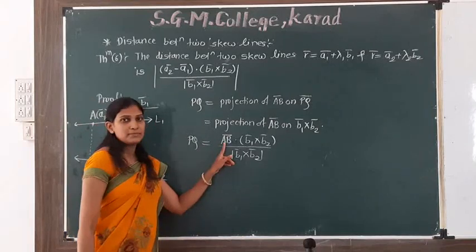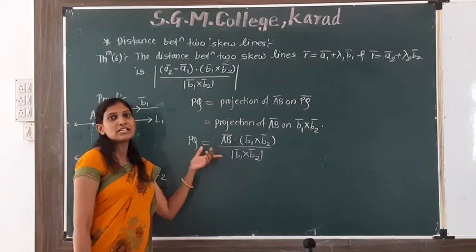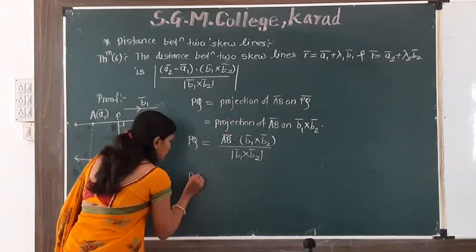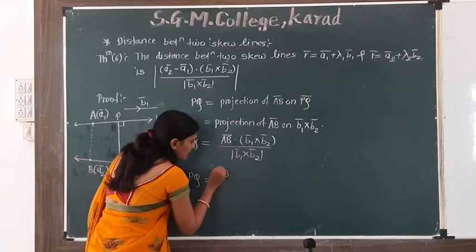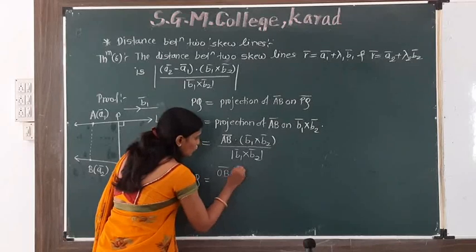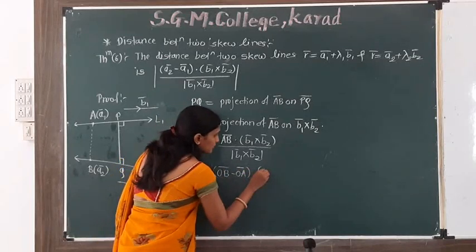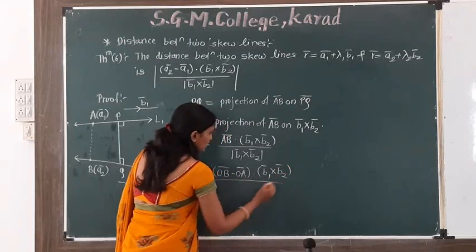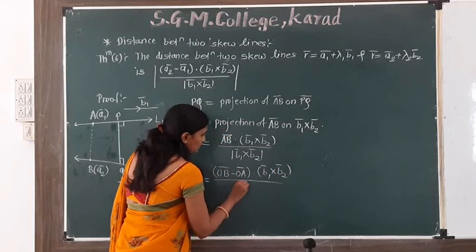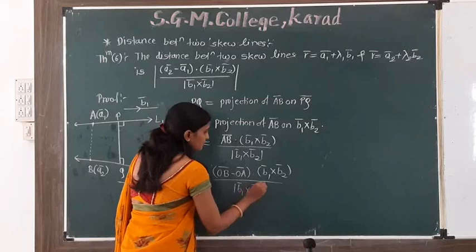And what is AB bar? AB bar means OB bar minus OA bar.